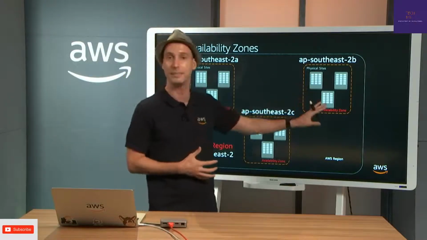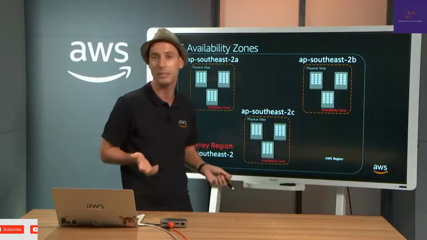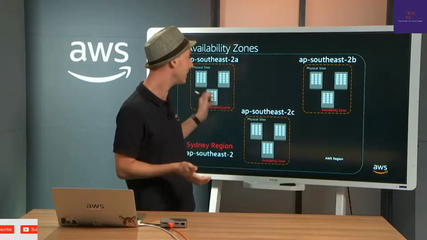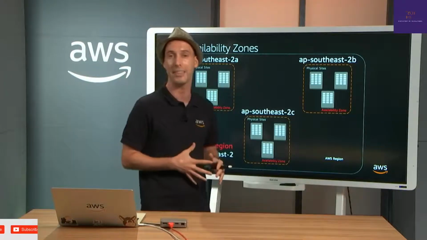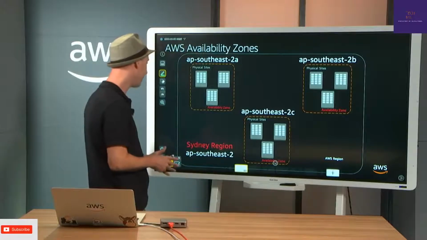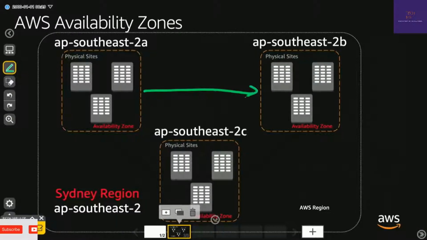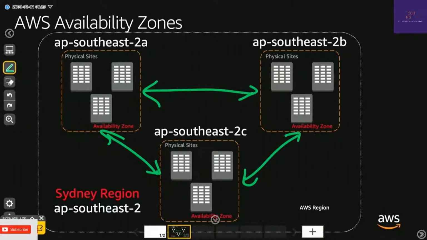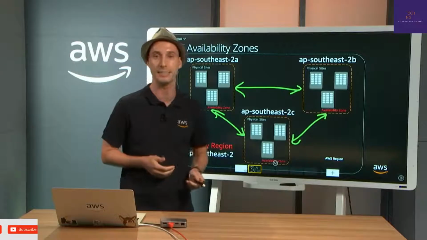They're separated by enough distance that things like floods shouldn't affect each other, but they're close enough that the networking interconnect between each of them is fast enough to allow things like very fast data replication. For example, you might have a database server, and you might have a primary in one availability zone and a secondary in another one.